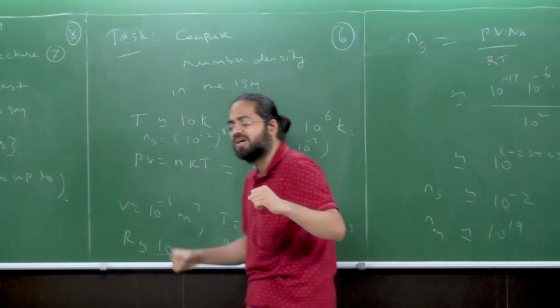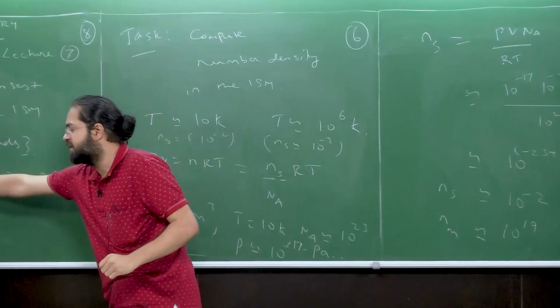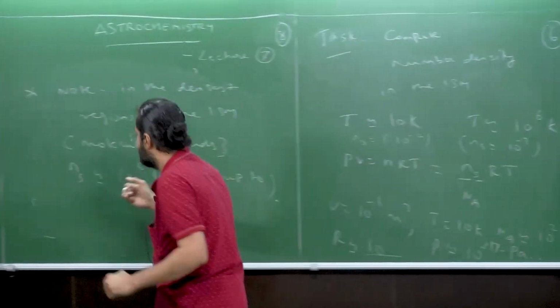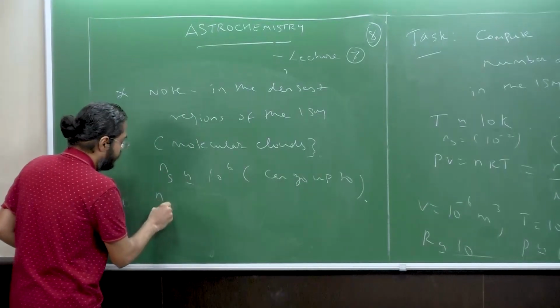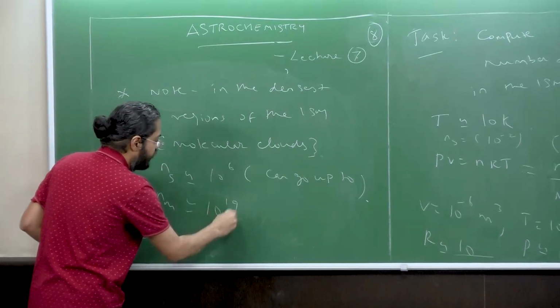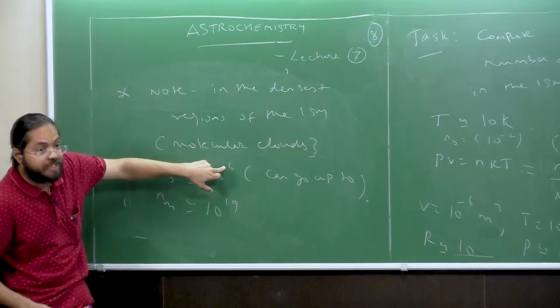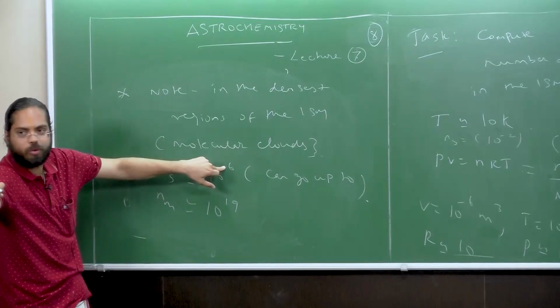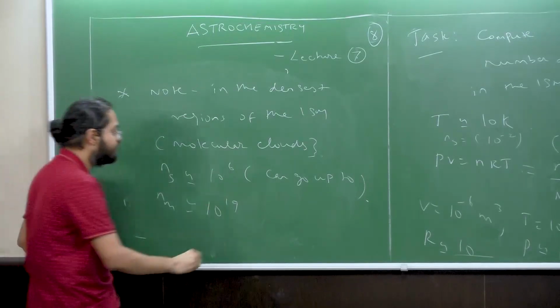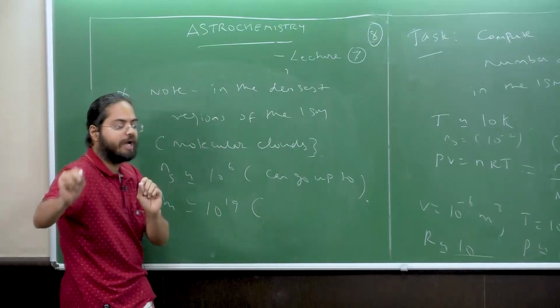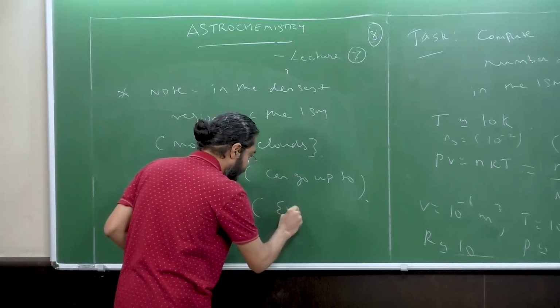So in the extremely dense regions, the situation is better, but in comparison with Earth, it is still 10 to the power 13 times more dilute. Please note this point, okay, right? The ISM, even the densest region of the ISM, I want to highlight this here, okay?